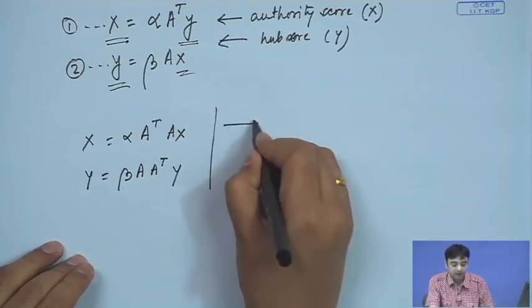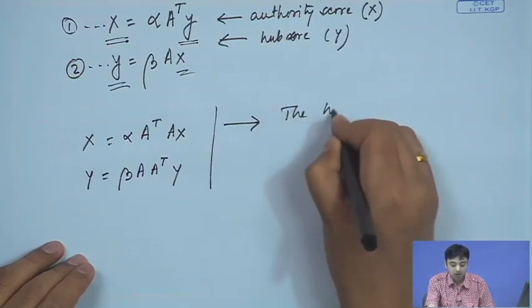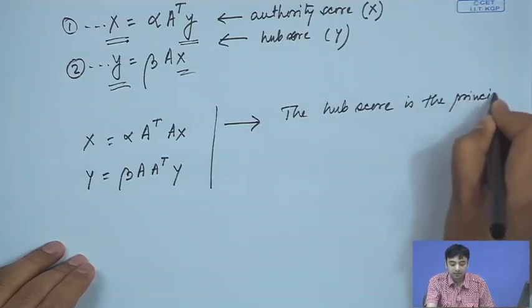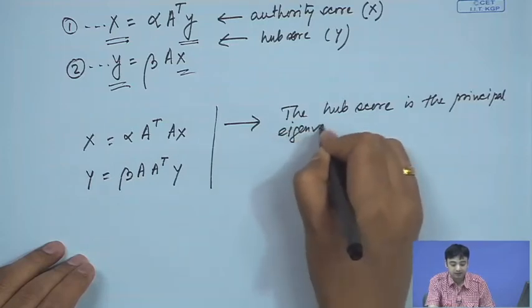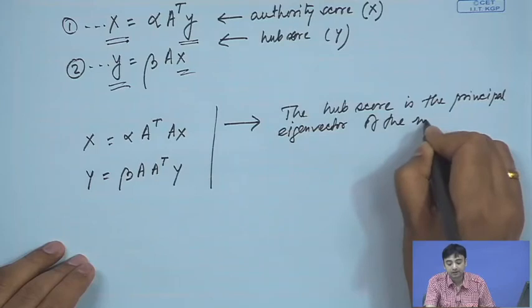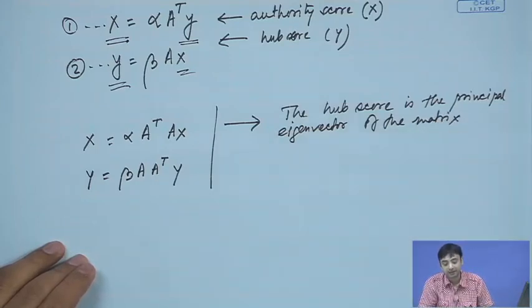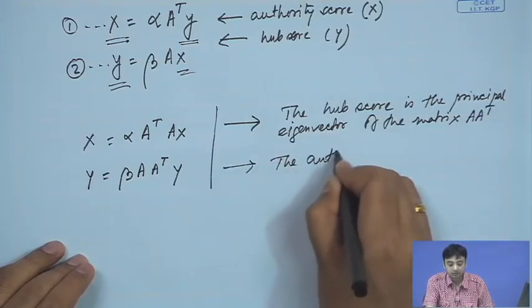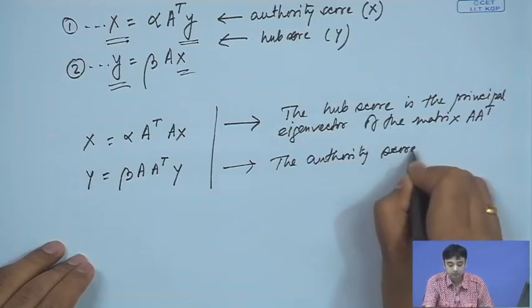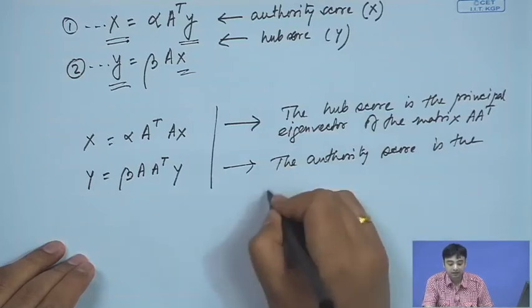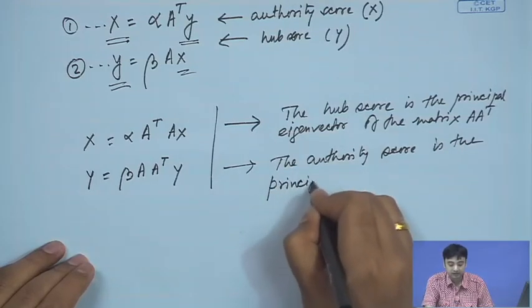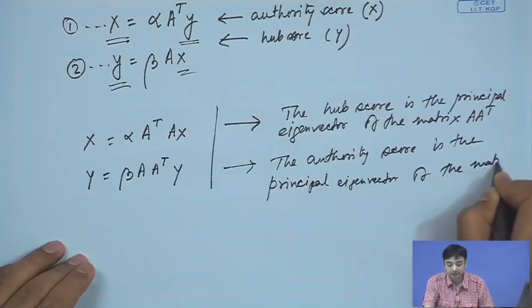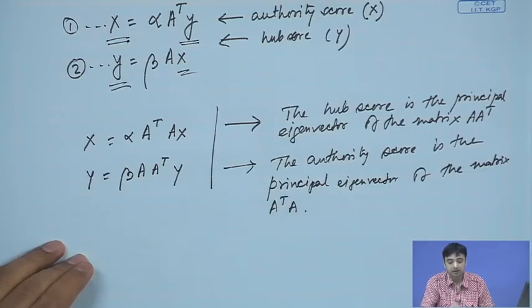So, that means the hub score is the principal eigenvector of the matrix A A transpose, whereas the authority score should scale as the principal eigenvector of the matrix A transpose A. Okay.